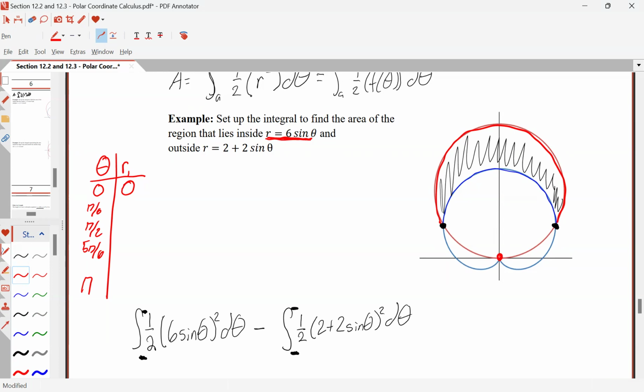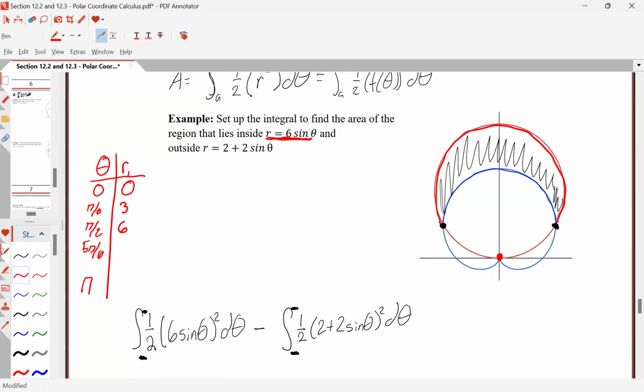When theta is pi over 6, sine is 1/2, meaning we would get a radius of 3, so of 6 times 1/2. When theta is pi over 2, sine is 1. 6 times 1 is 6.